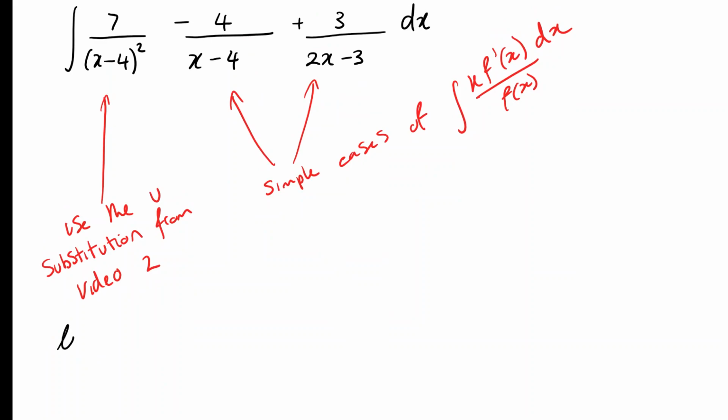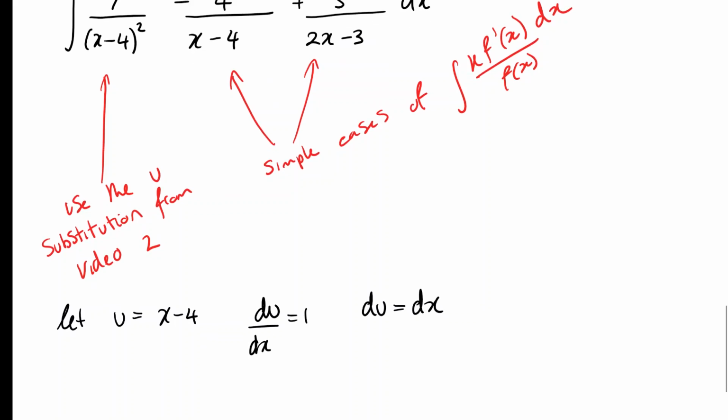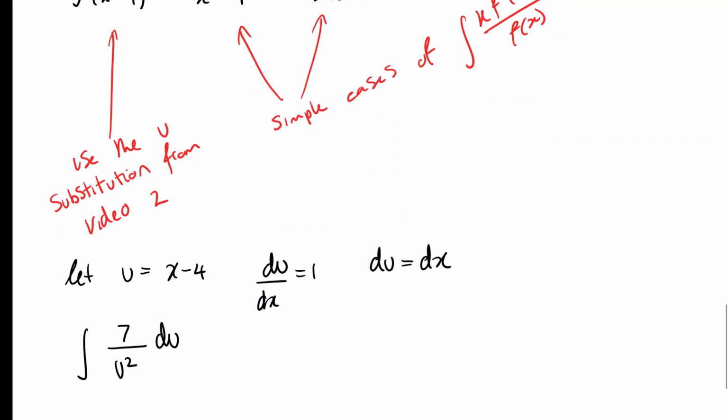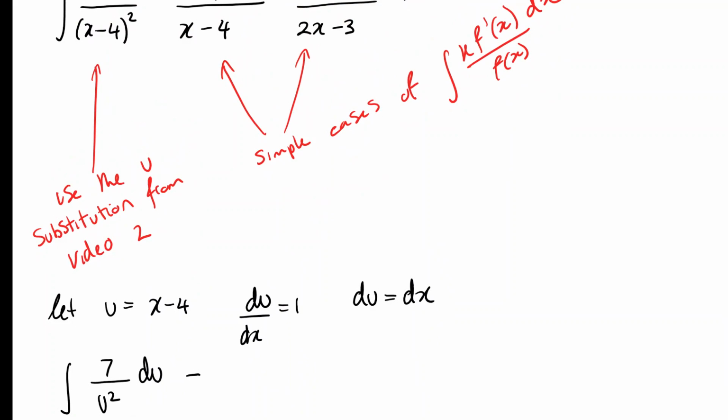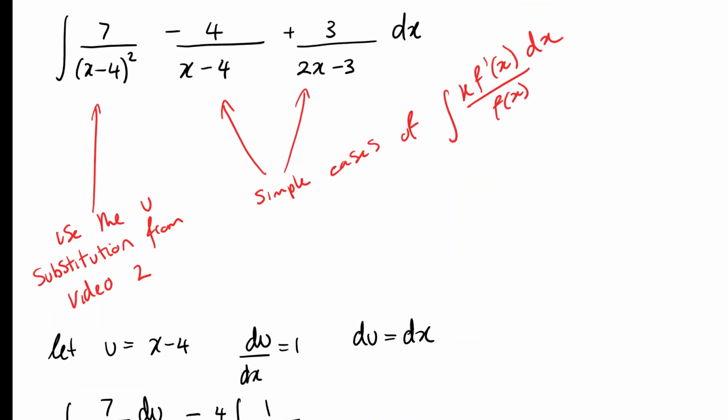So we would let u equal x minus 4, du dx would be 1, so du can replace dx. So we'd rewrite as 7 over u squared du. We'll bring down the rest of this, just taking the minus 4 out of the integral, and then the other part taking the 3 out.